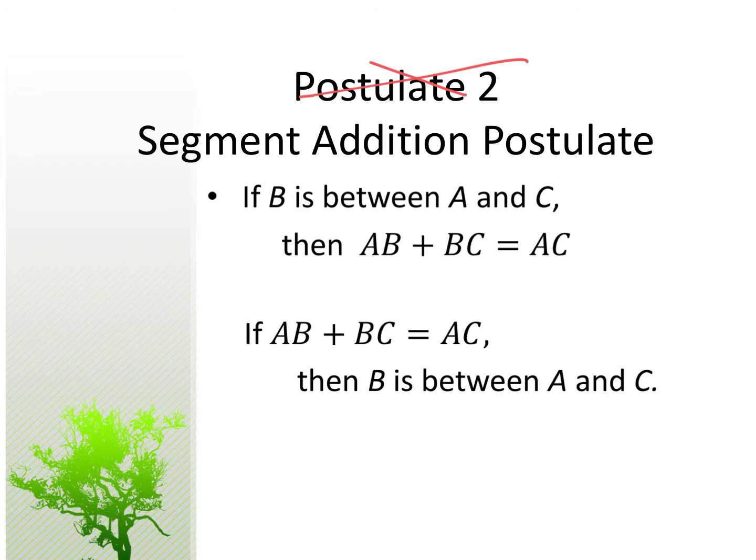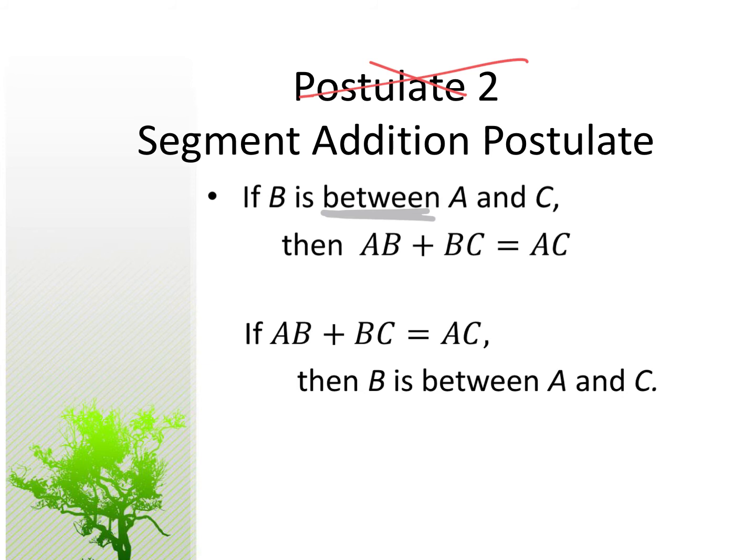And then you can say in reverse of that, if AB plus BC equals AC, then we know that B is between A and C. Now, this word between doesn't mean that B is right smack in the middle. It's just somewhere in between A and C.